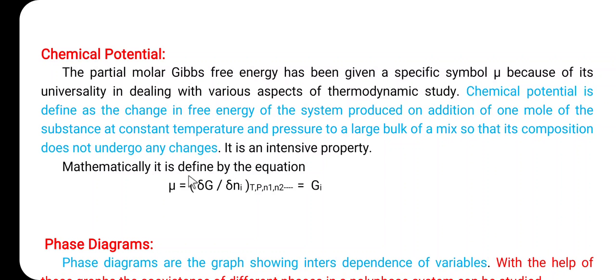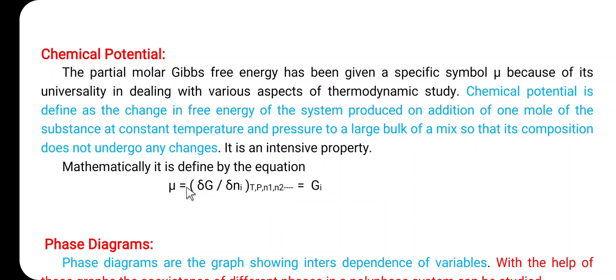It is denoted by the symbol mu, and mathematically the chemical potential is given by the equation mu = ∂G/∂Ni. Here ∂G is the change in free energy with respect to the number of moles of the ith component when the temperature, pressure, number of moles of the first component, and number of moles of the second component are constant.